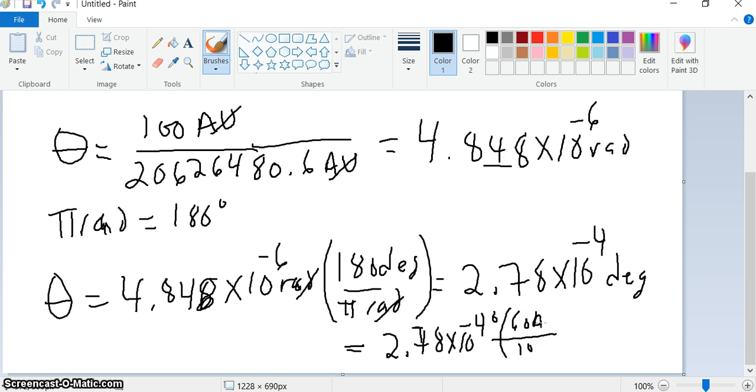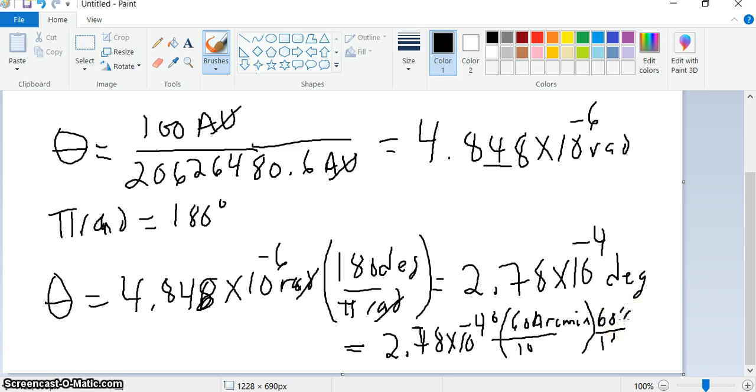Remember, you can use the single hash mark to represent arc minutes. And this single hash mark also means arc minutes. That's also equal to 60 arc seconds.